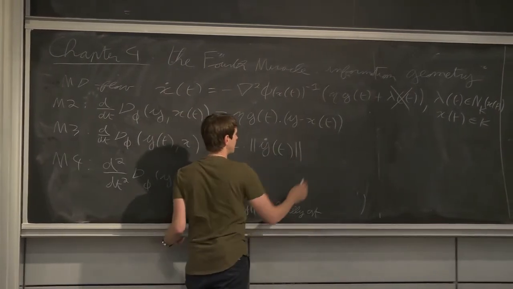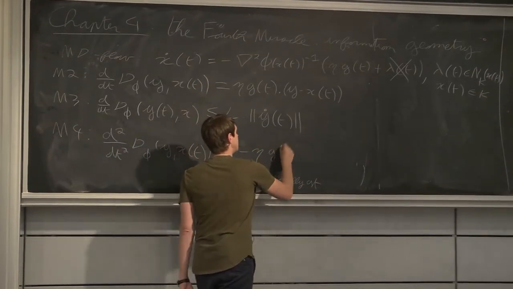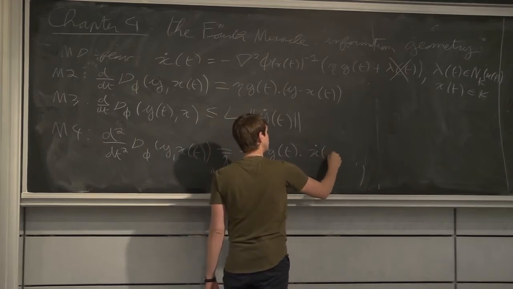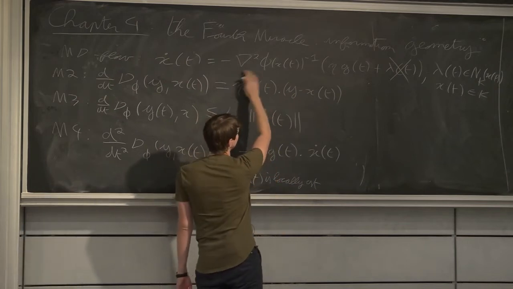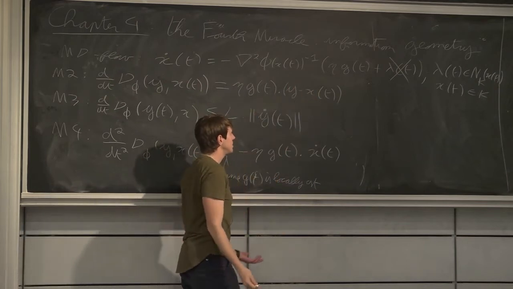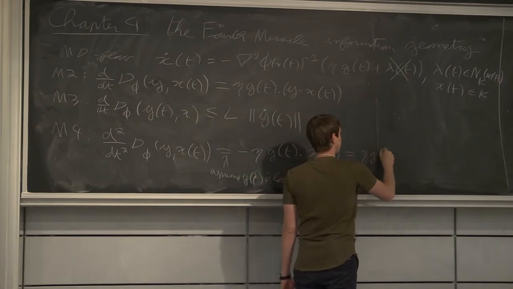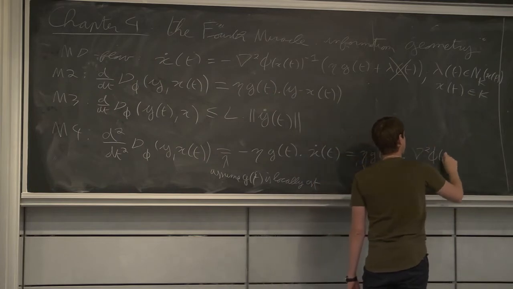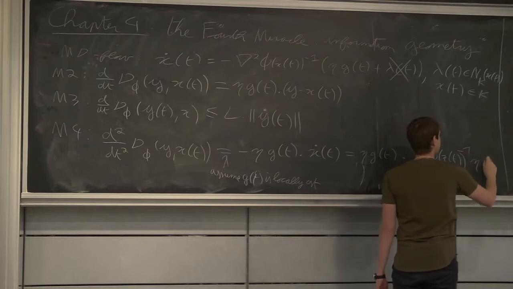Well, we just have the time derivative of that, so it's exactly minus eta g_t inner product with x dot of t. And what is x dot of t? It's minus the inverse Hessian applied to eta g_t. So what do we find? We find that this is eta g_t inner product with the inverse Hessian of phi at x_t applied to eta g_t.